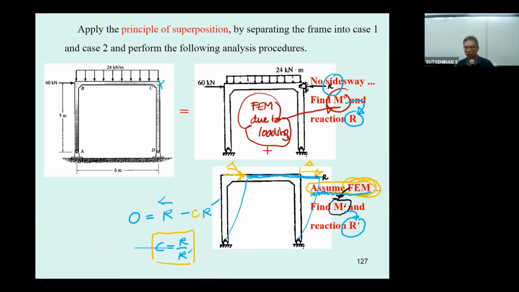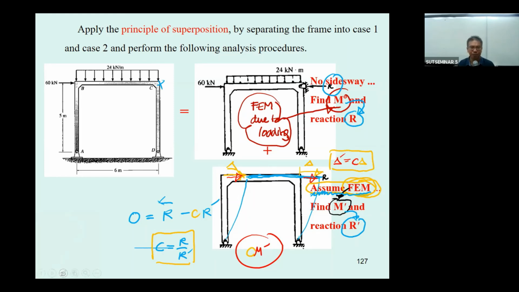Now, your M prime is not correct. You have to multiply the C by the M prime. And then this is going to be the correct moment due to what? Due to the sidesway. Okay. And you can also determine the actual sidesway equal to C times the delta as we did before.